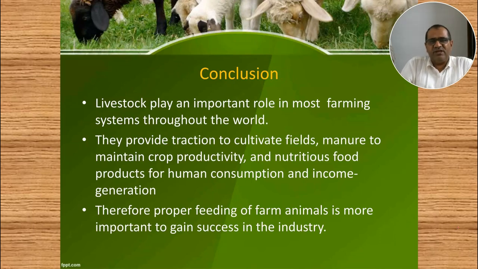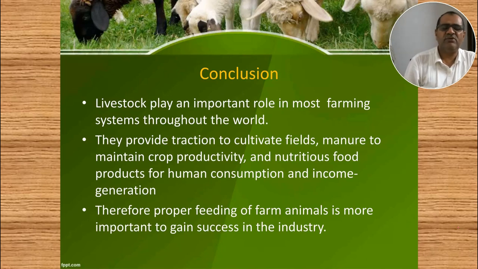the classification of this feed, etc. In a nutshell, what we can say is that Indian livestock play a very important role in the sustainable and economic life of the rural community of India.